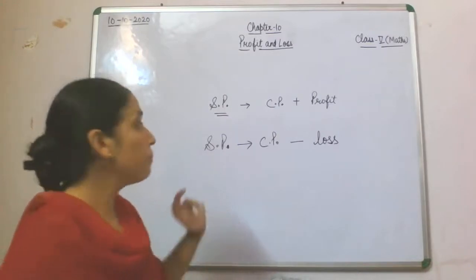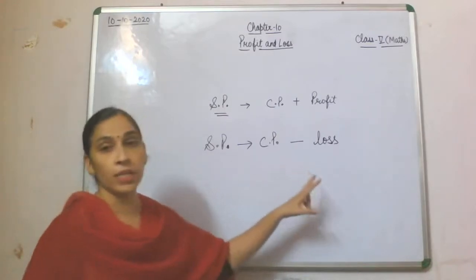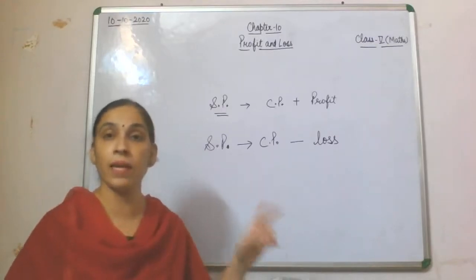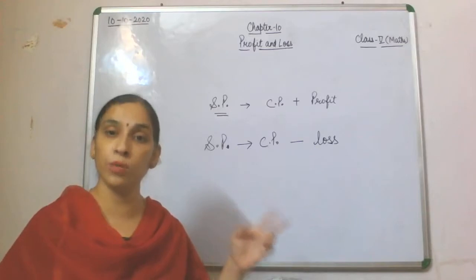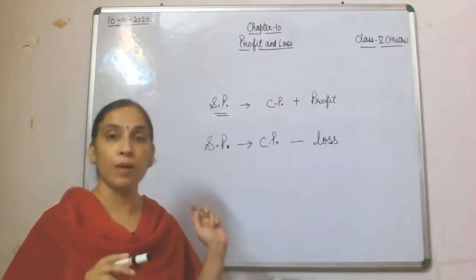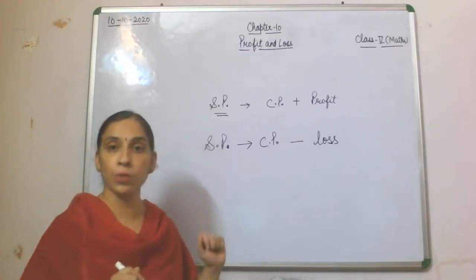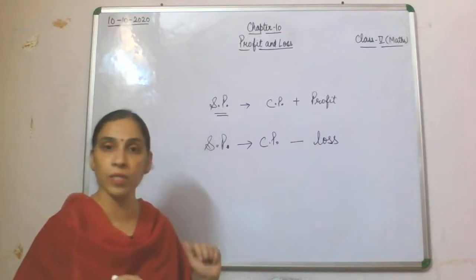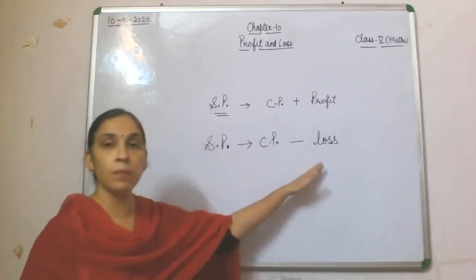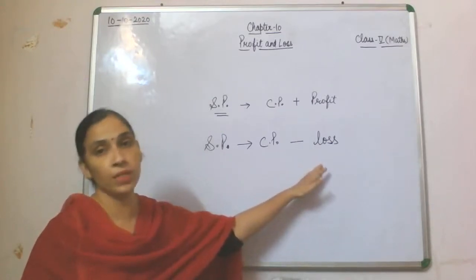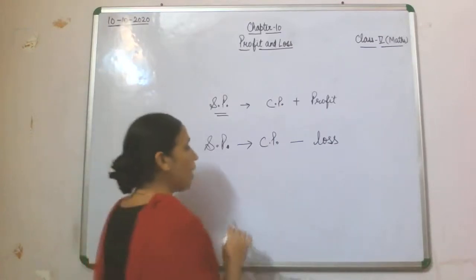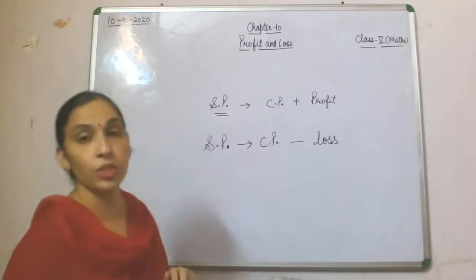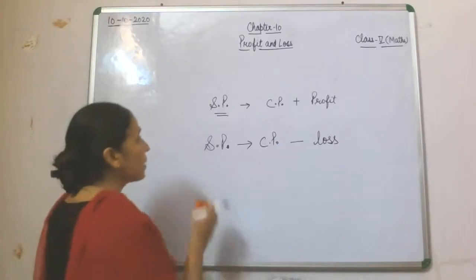Next case, when you are getting loss, it means the selling price will be less. आपने कम का बेचा, that's why only you will get loss. You have bought an item for 100 rupees and sold it for 80 rupees, then you are getting a loss of 20 rupees. Now we'll see questions related to that.